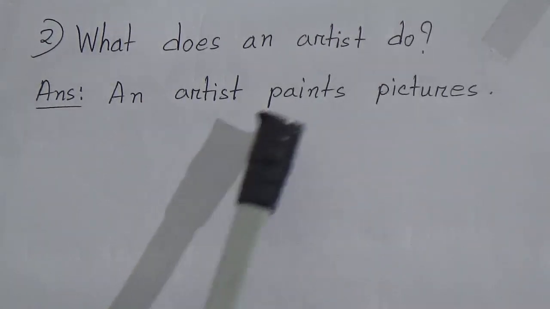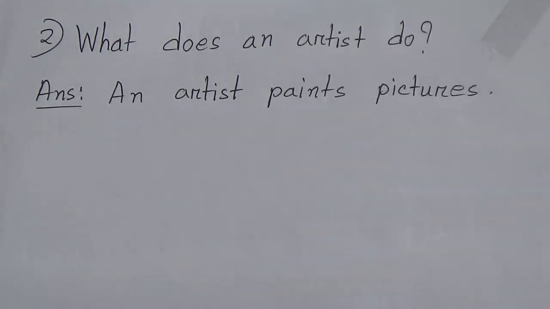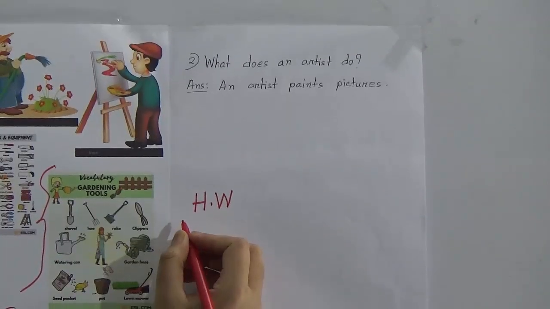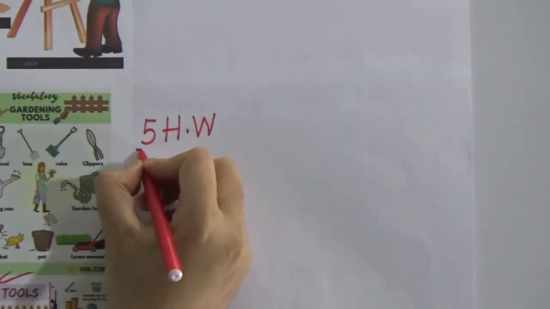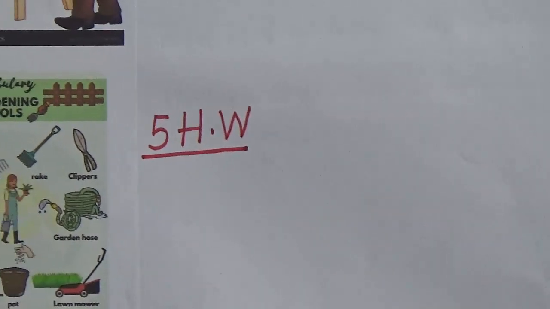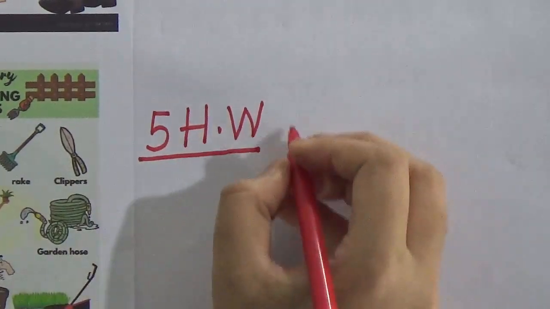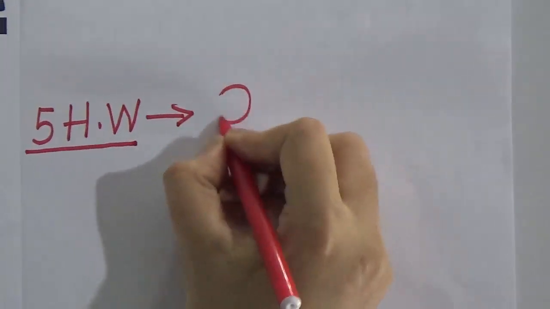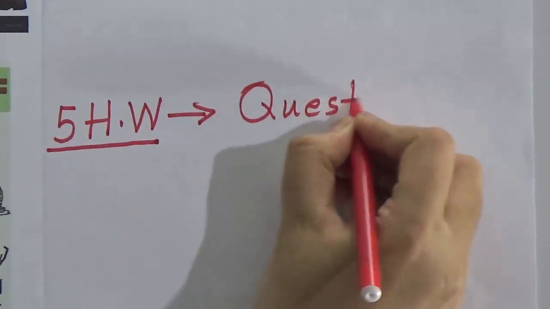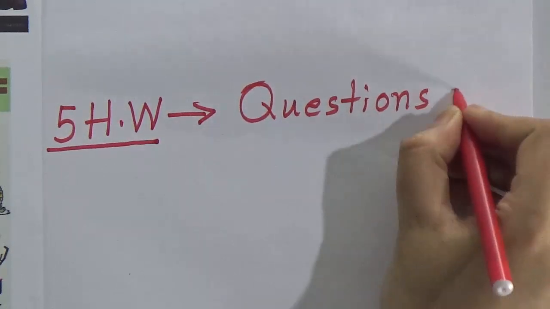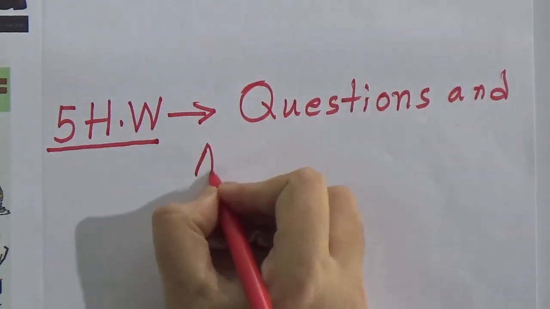So dear student, now you have to do some SW. This is your number 5 SW. When you do your SW, you have to write 5 at the top of your copy. Remember that. And your SW will be these questions and answers.